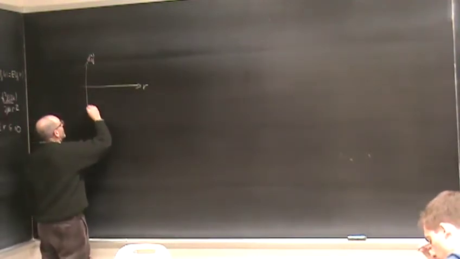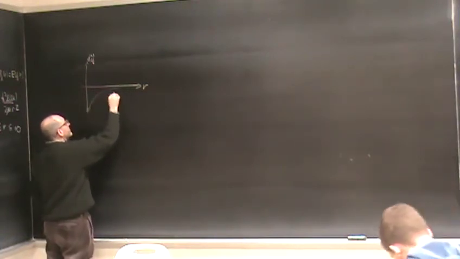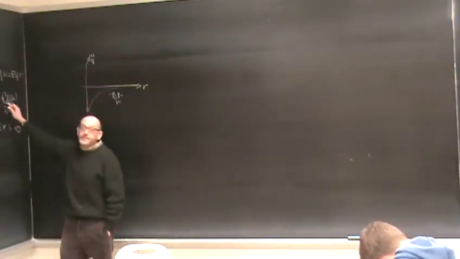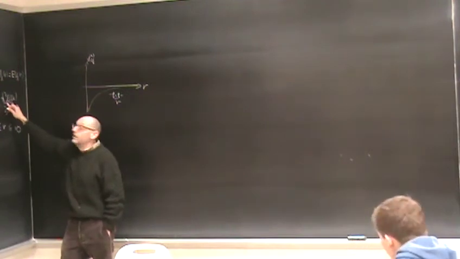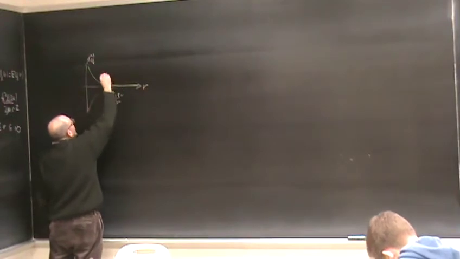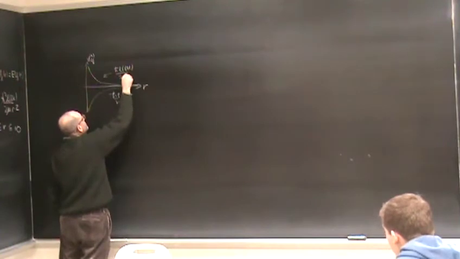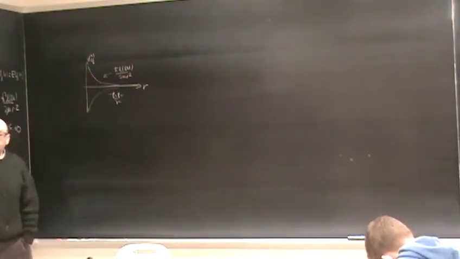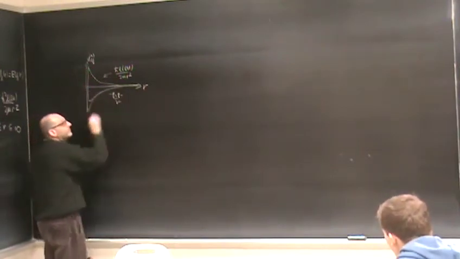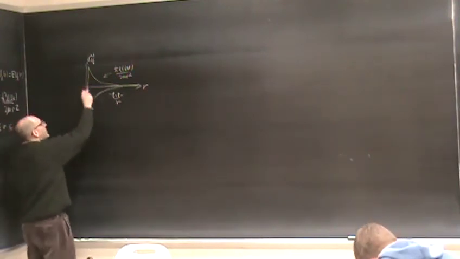So we have something that's falling off like 1 over R. And then for a non-zero value of L, we have some kind of angular momentum barrier. And the total effective potential is the sum of these. So this is the total potential I've drawn.